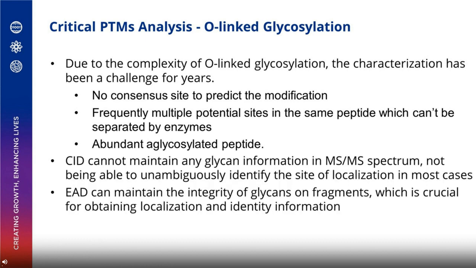CAD normally cannot maintain any glycan information in the MS/MS spectrum, so it is not able to unambiguously identify the site of localization in most cases. EAD can maintain the integrity of glycans and fragments, which is crucial to obtain the localization and the glycan identity.